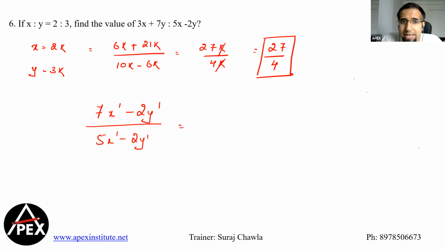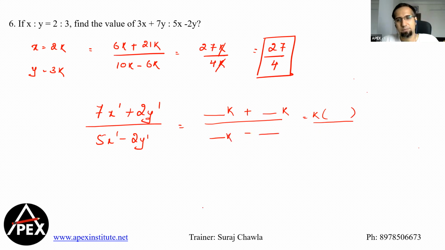If you have only x here, x will be in the form of something k, plus y here, which will also be in the form of something k. Which means I can take a k common from the numerator. Similarly, in the denominator you'll have something k minus again something in the form of k. That means we take k common from the denominator and k and k get cancelled.